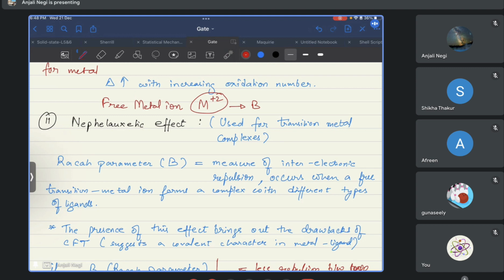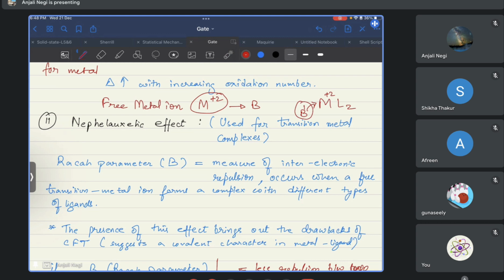This B value is simply the measure of the interelectronic repulsion for this free metal ion. Now what happens when this free metal ion comes in contact with some ligand and does complexation and makes some complex? Let's say it forms some complex ML2. If I again calculate the parameter B, the Racah parameter, for this metal ion, which is now in a complex state, it will be different from the free ion value.